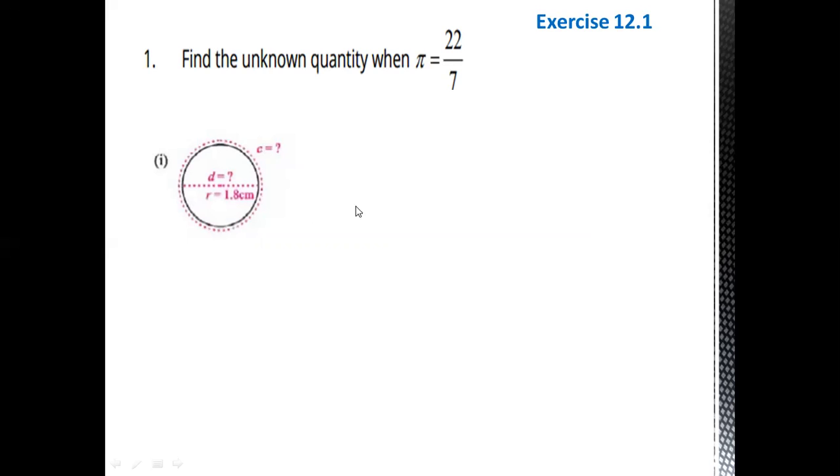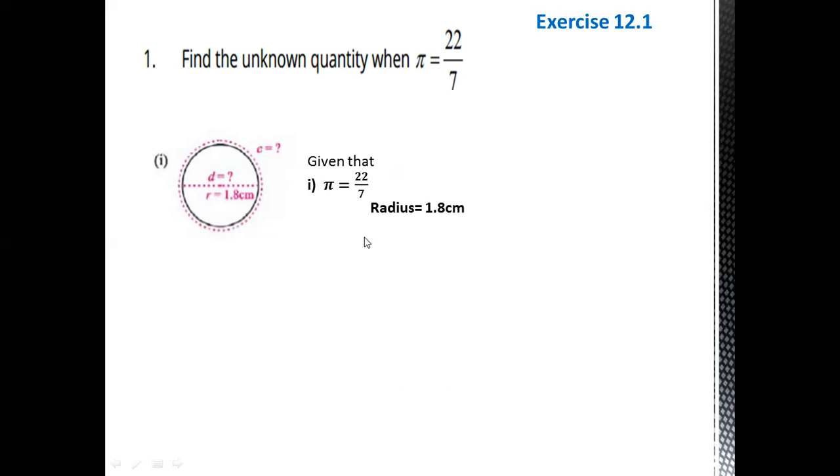Diameter is equal to 2 multiply r, 2 radius, and circumference is 2 pi r. So r value is given, pi value is given, so you can easily find it. What you have given that pi is equal to 22 over 7. It's already given in the question. If it is not given in the question, again it's understood that its value will be always 22 over 7.